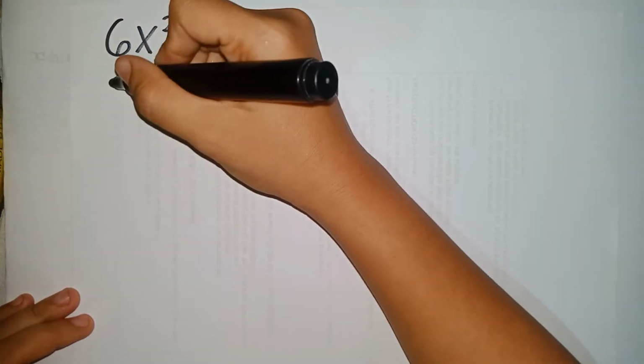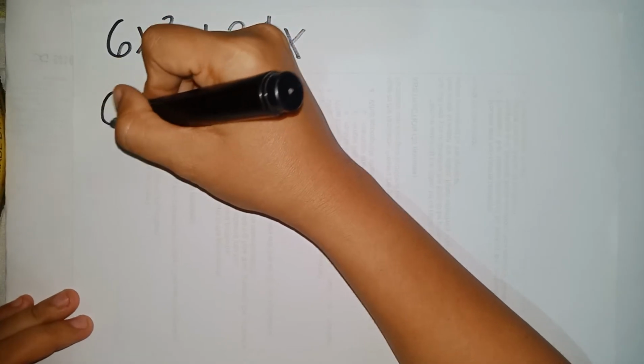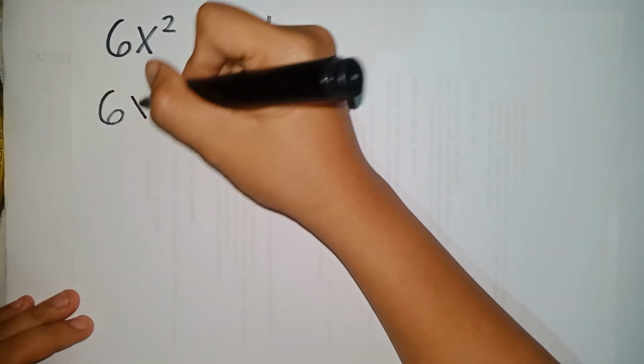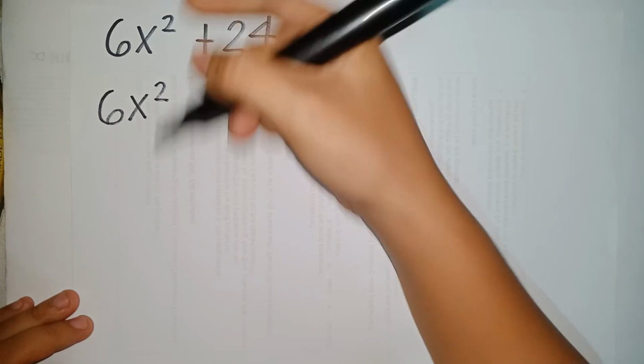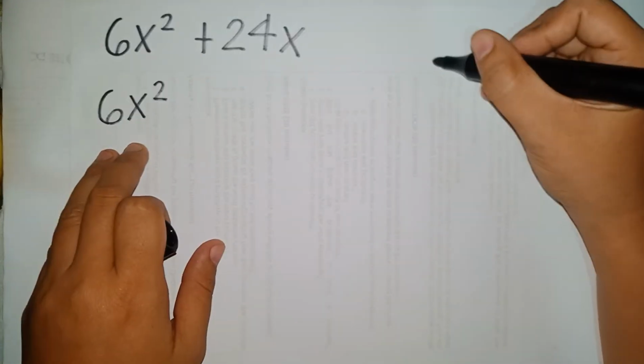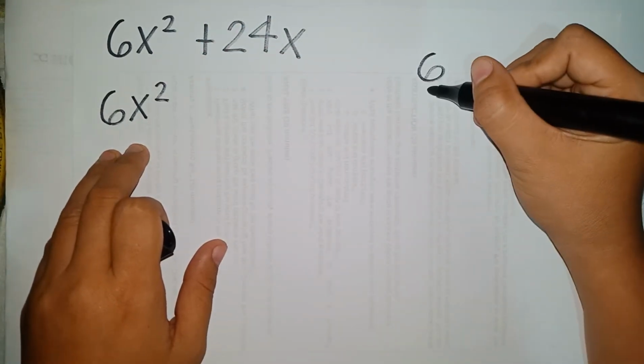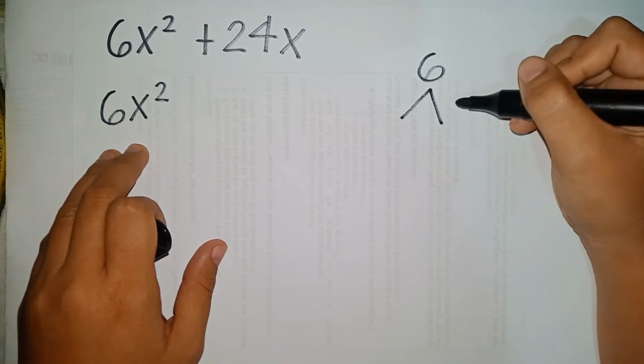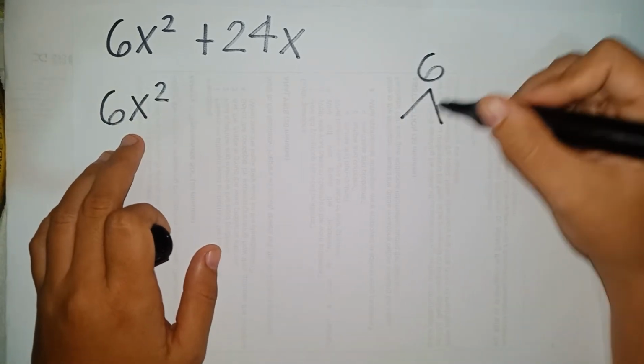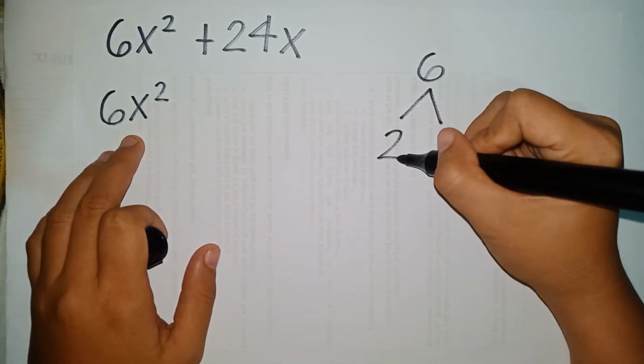So let's first get the factors of 6x squared. And we have to do that by first getting the factors of our numerical coefficient by prime factorization. So 6 equals 2 times 3.